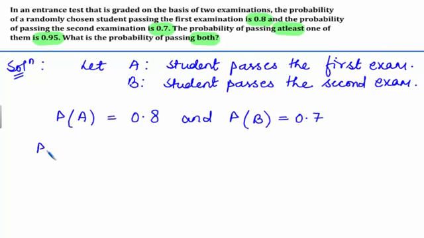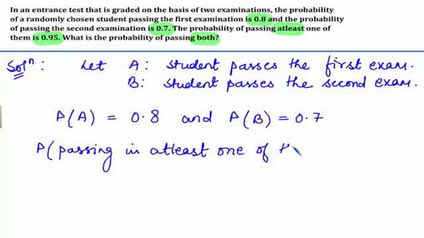Also we are given that probability of passing in at least one of the 2 examinations is 0.95. We have to find the probability that he passes in both the examination.